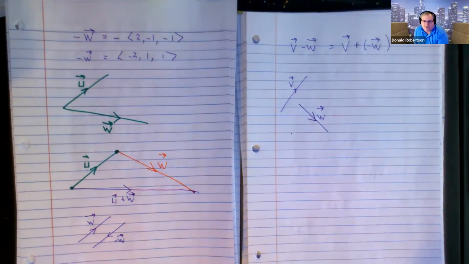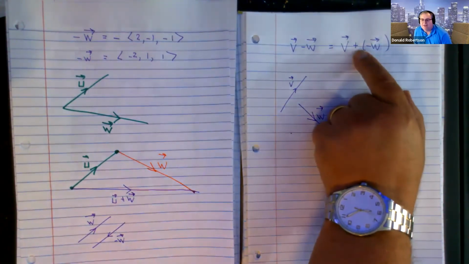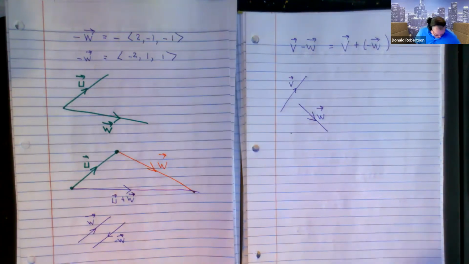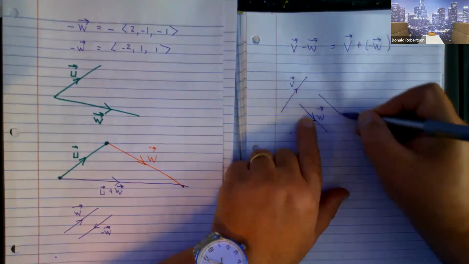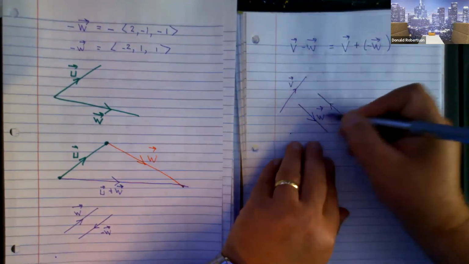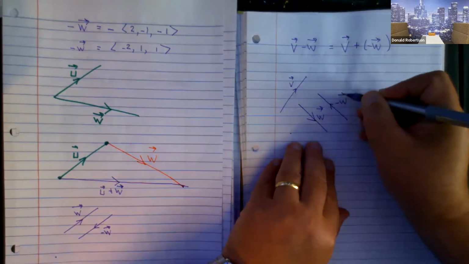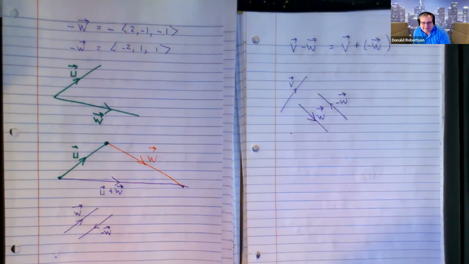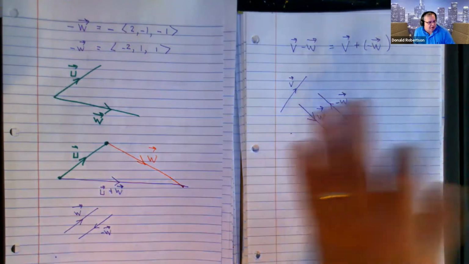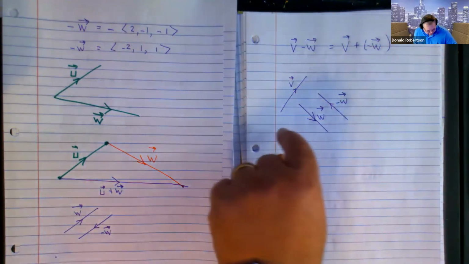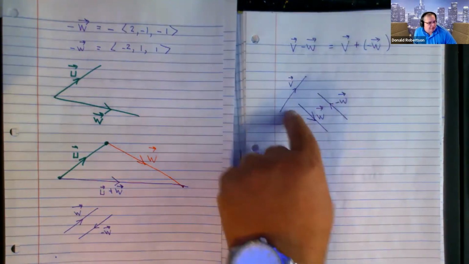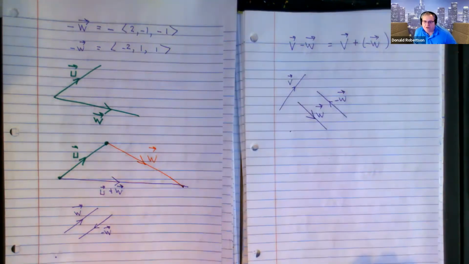Subtracting two vectors is the same as adding the negative of that vector. What would the negative of W look like? It would look just like this guy, pointing that way. Vectors don't care where you draw them; they're independent of location. Vectors are just a movement in 2D space, or 3D space in this case.